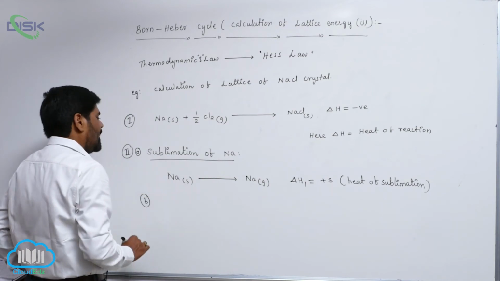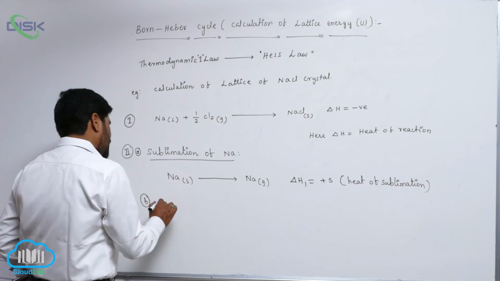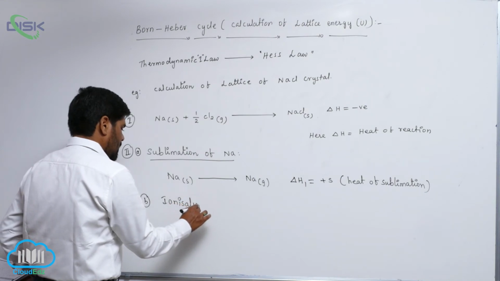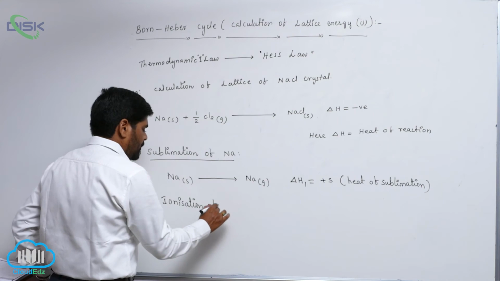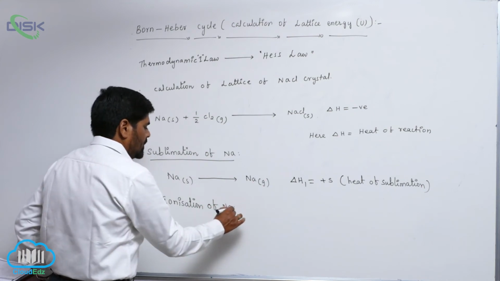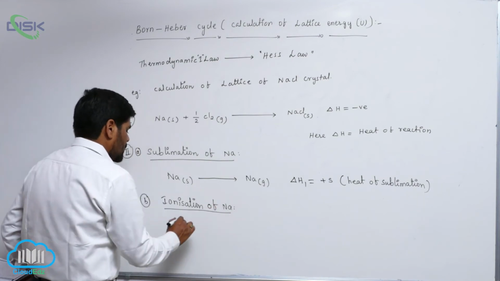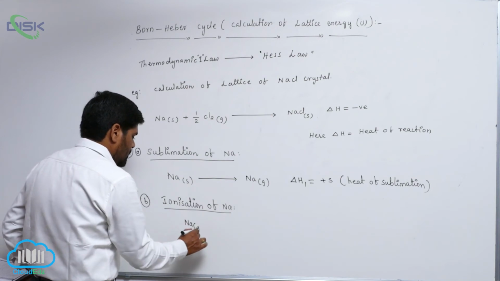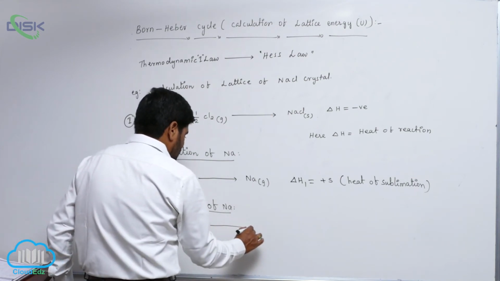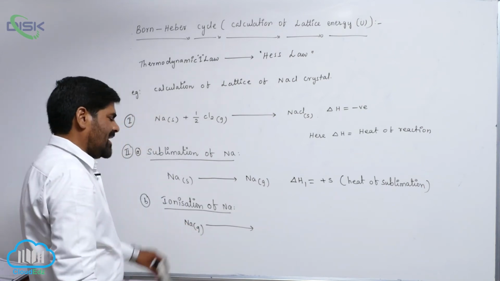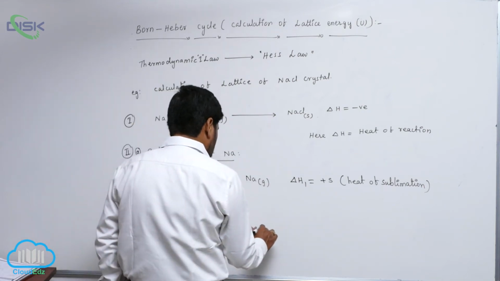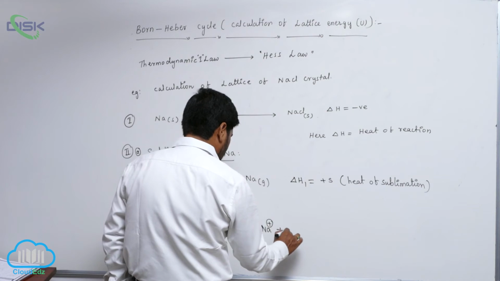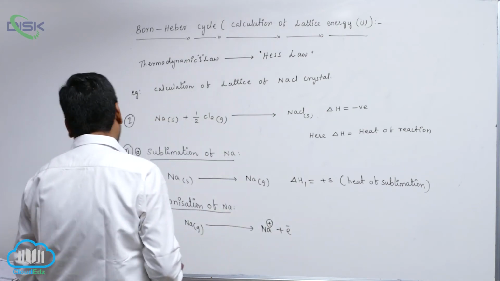Second step, B, ionization of sodium. After the formation of gas, while supplying some amount of energy to the gaseous atom, it liberates an electron, that is Na plus, and liberates one electron.